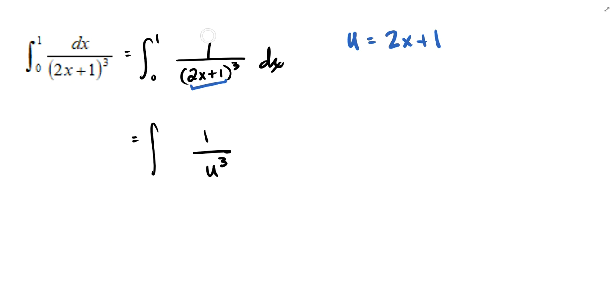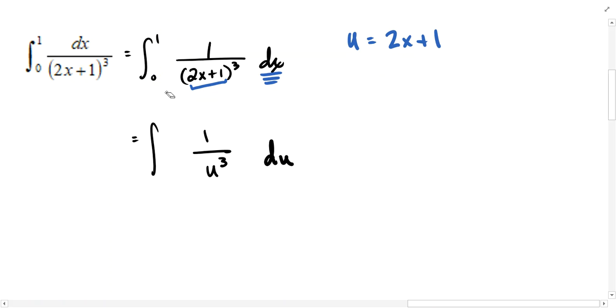The problem is that when we start changing variables around, we were using x to begin with, and now we're switching to the letter u. We also have to account for changes in the differential. This is a differential relative to x, and we're going to need some sort of differential relative to u, which I'll show you how to get in just a second. But also these boundaries of integration are written in terms of x.